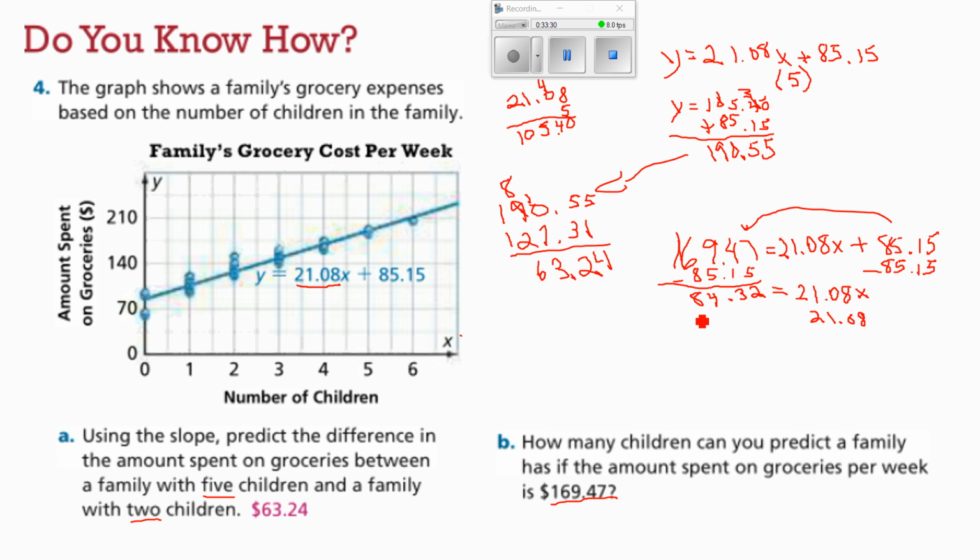Whatever I divide from one side, I divide from the other. X is left over here by itself, and now I have to solve what is 84.32 divided by 21.08. I'm going to need some more room to solve this division problem.